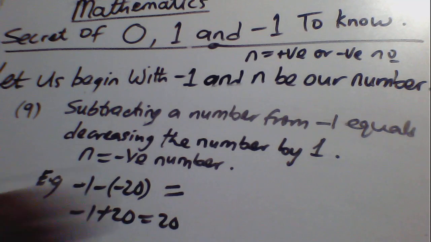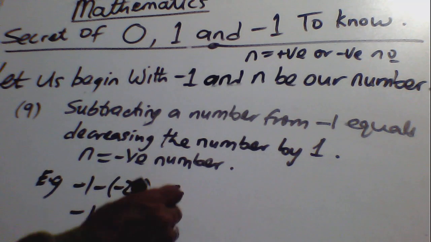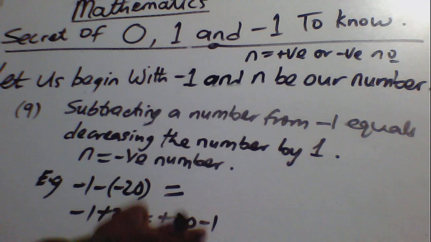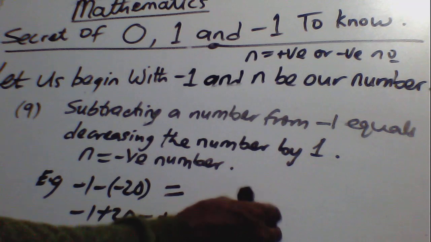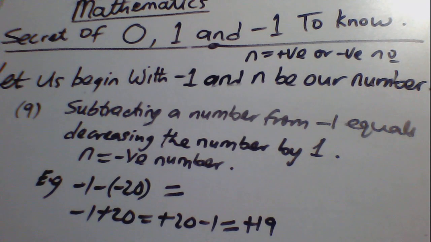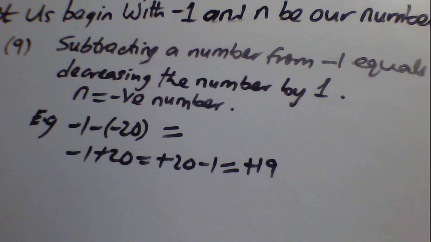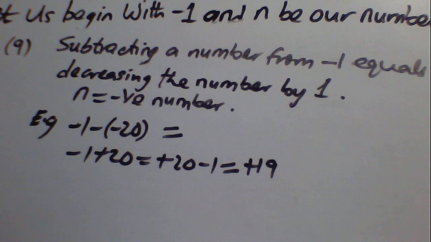You can interchange terms. This is the same as plus 20 minus 1. So plus 20 minus 1 will give us plus 19. So subtracting a number from -1 equals decreasing the number by 1, when the number is a negative number.